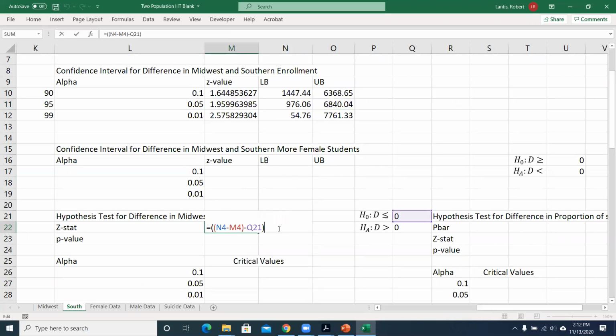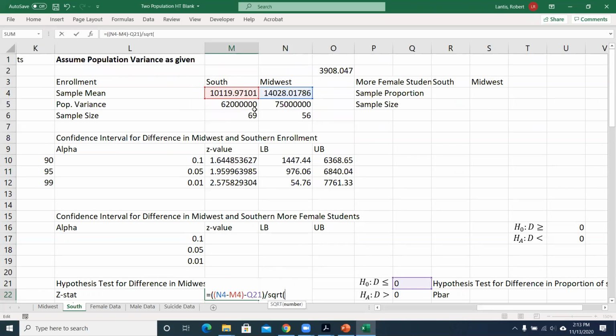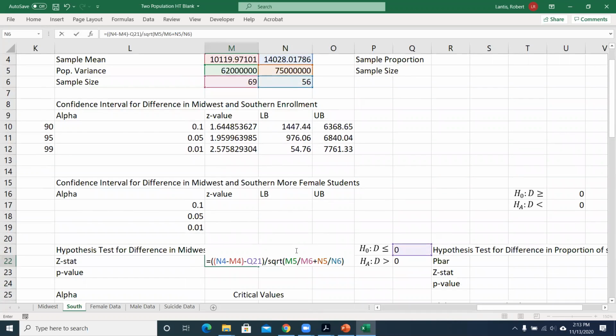So we're going to divide by the standard deviation for the difference in our sample means, which was just the square root of each group's population variance divided by its sample size. Oh, I hit the wrong button. Sorry. I hate working on the laptop. So we'll then add the other group's population variance divided by its sample size, right? So that's our test statistic equation.